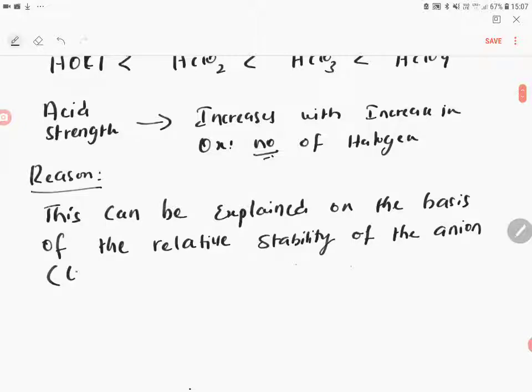The anion is nothing but the conjugate base left after removal of a proton.